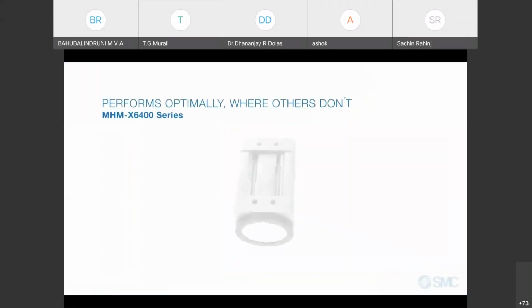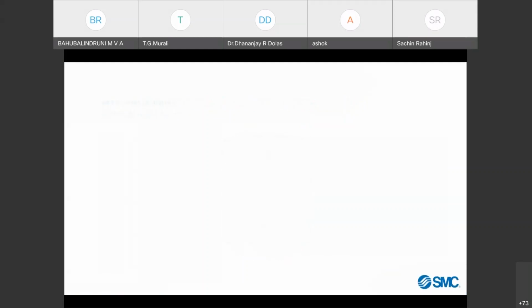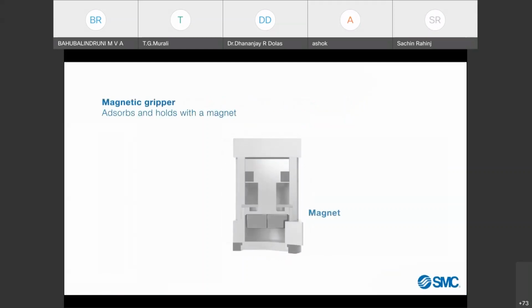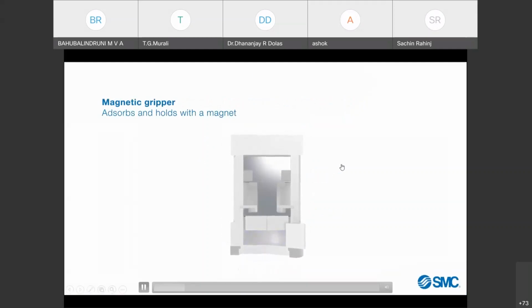Here you can watch the video. This is an electromagnetic gripper. Here the air is pumped.